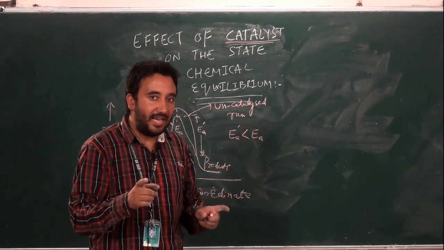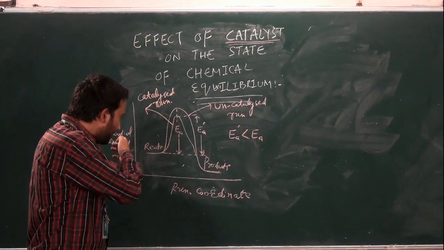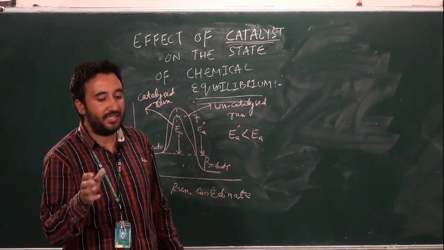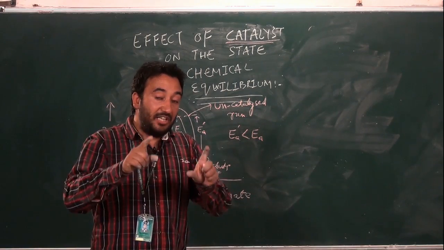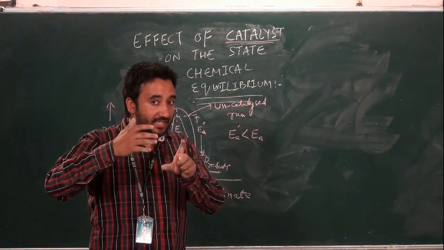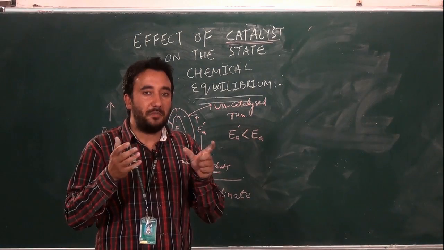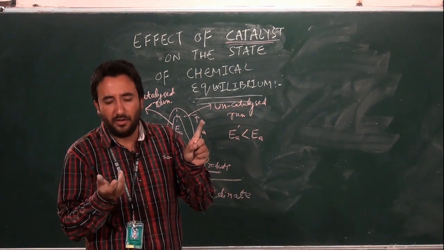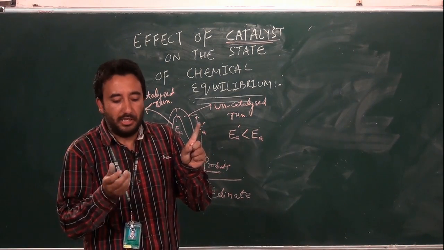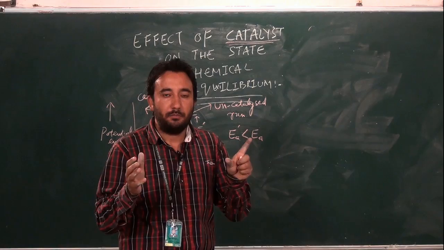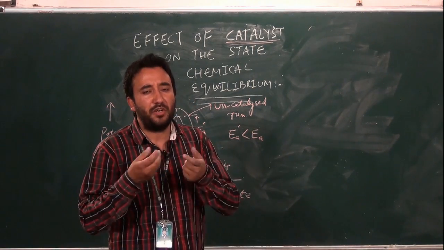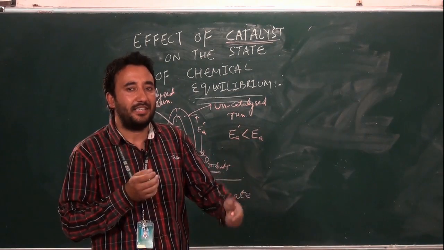This decrease in activation energy is explained in terms of the activated complex theory, which says that reactant molecules interact with the catalyst and form intermediates, also called reaction intermediates or intermediate complexes. They are very unstable because of high energy. They immediately get converted into the product and leave the catalyst back in its original state.